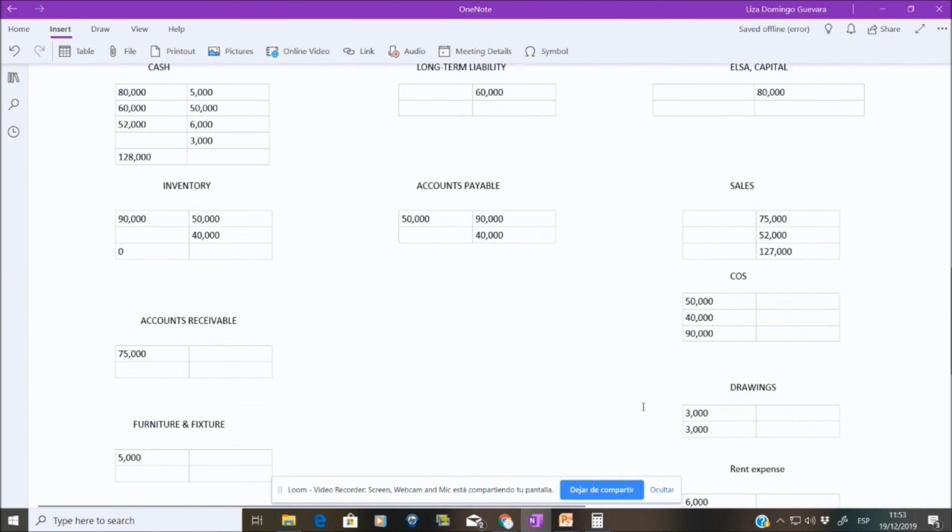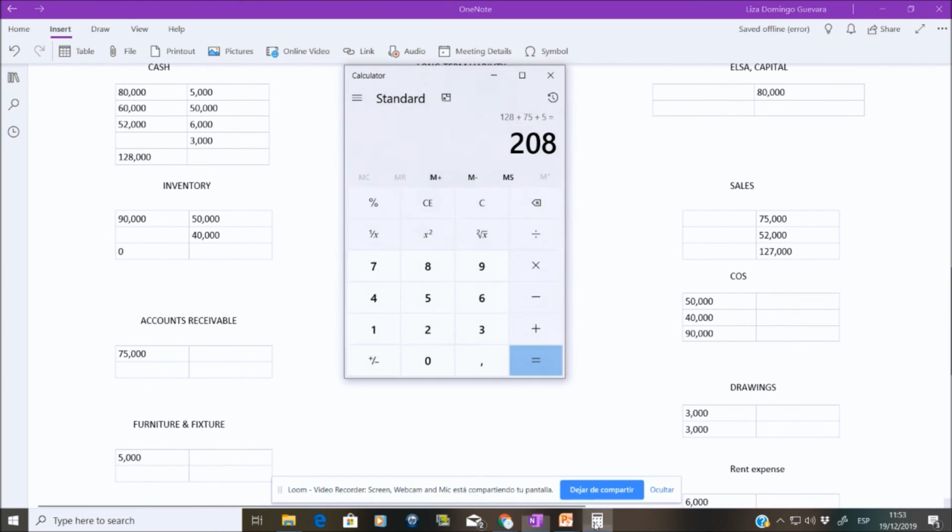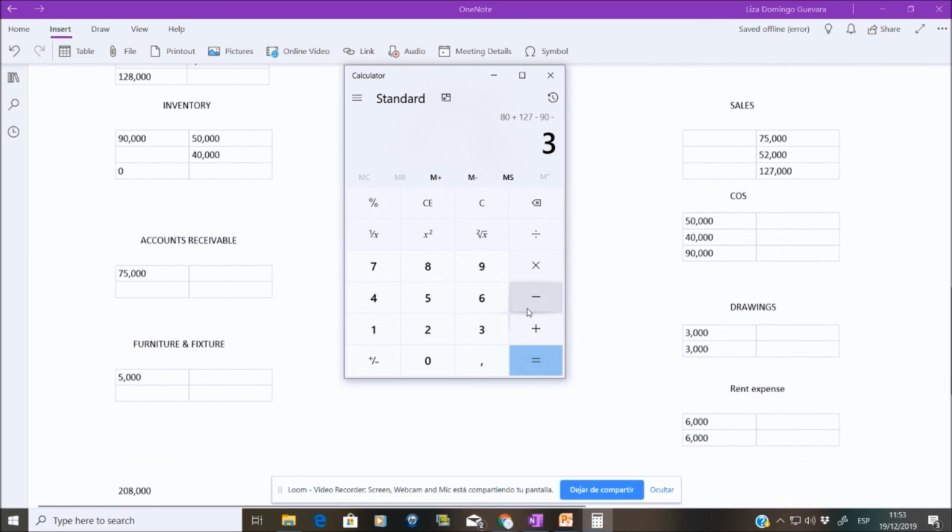And your capital is 80 plus 127 minus 90 minus 3 and minus 6.